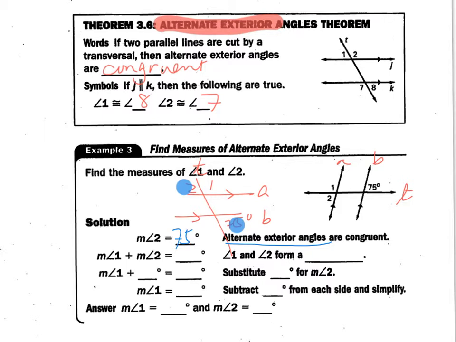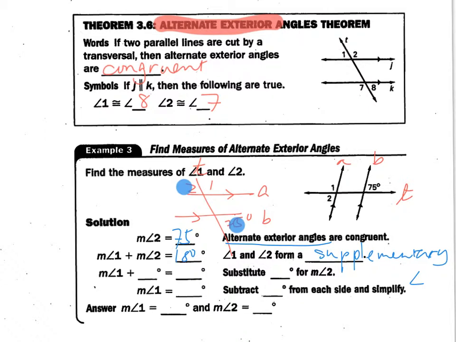Now, angle 1 and angle 2, if you add them together, they're supplementary angles. So they add up to 180 degrees.